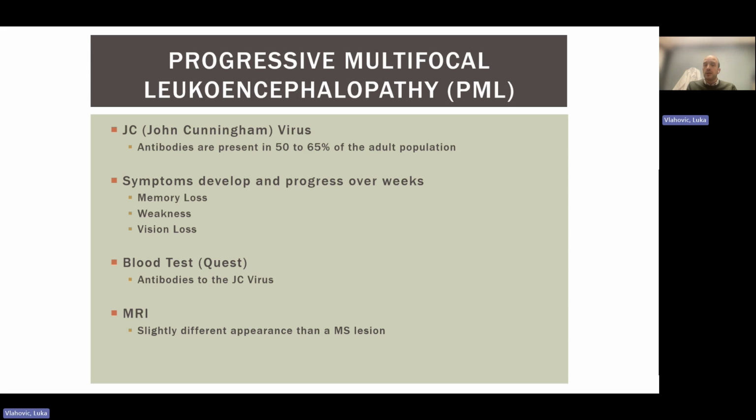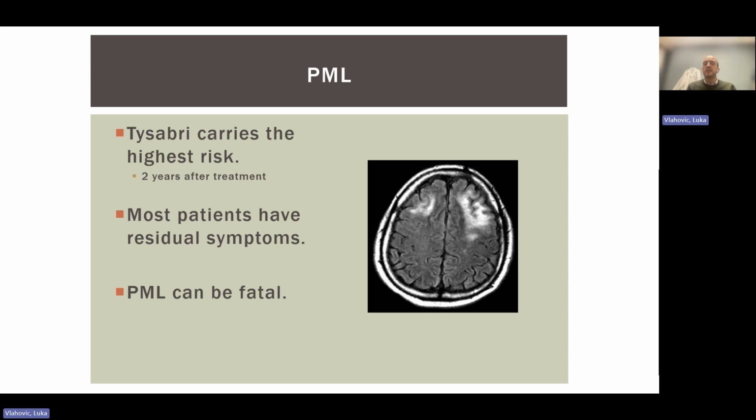inflammation and further damage. It usually presents subacutely over weeks, again varying on the area involved, with symptoms that can be cognitive, weakness affecting part of the body, left or right, and sometimes peripheral vision loss. It can look something like this on MRI.